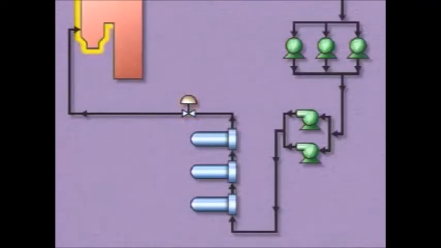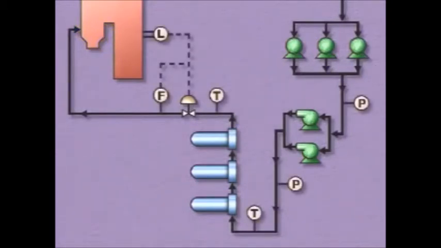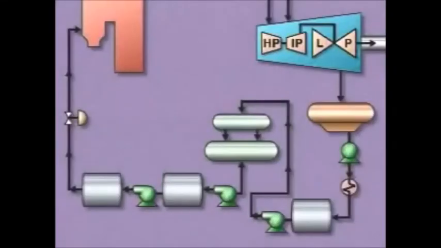The economizer is the section of the boiler where combustion gases leaving the boiler are used to preheat the feed water that is entering the boiler. Finally, as with the condensate system, the feed water system also includes instruments for level, flow, temperature, and pressure indication and control.